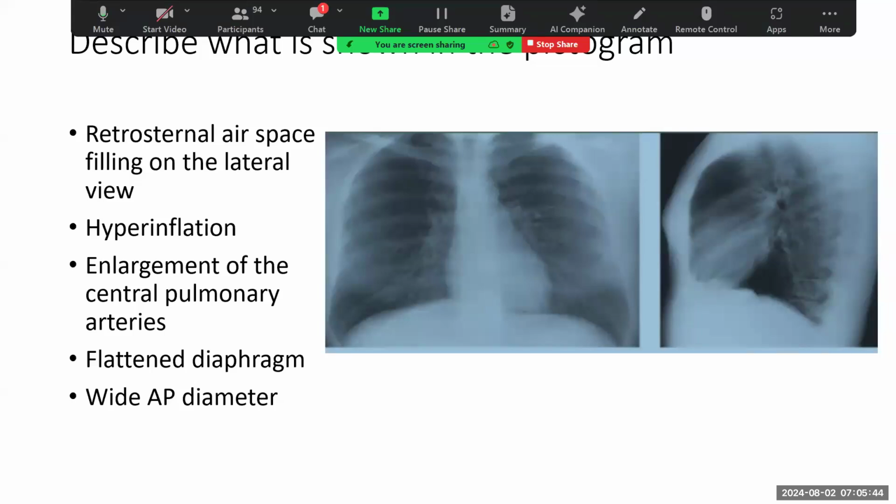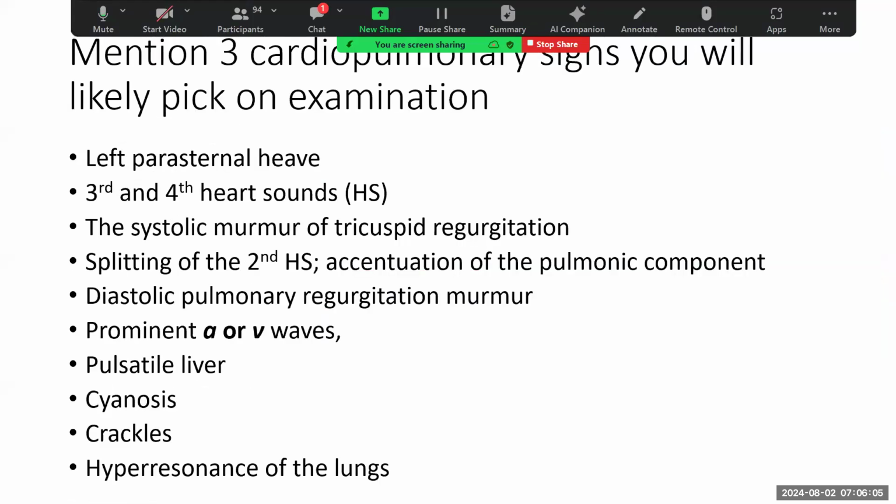We expect to see about the sixth rib cutting through the diaphragm, but in this case the patient has about 8 ribs before the diaphragm. And then there can also be enlargement of the central pulmonary arteries on this X-ray, and then flattening of the diaphragm. That's what I can see from the chest X-ray of this patient.